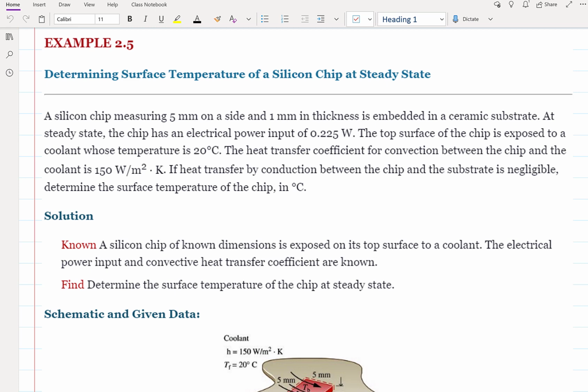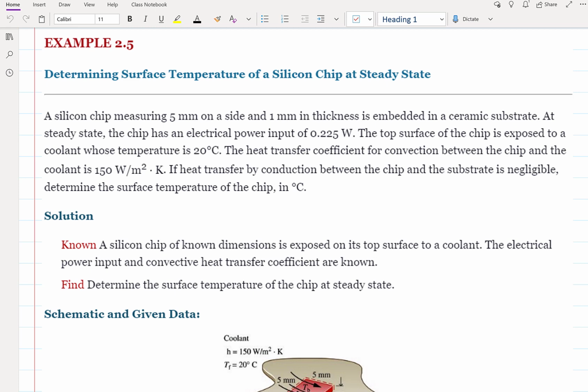Example 2.5. In this example we need to apply the energy balance in time rate form. A silicon chip measuring 5 mm on a side and 1 mm in thickness is embedded in a ceramic substrate. Steady state indicates there is no change in properties with respect to time. The chip has an electrical power input of 0.225 watt.